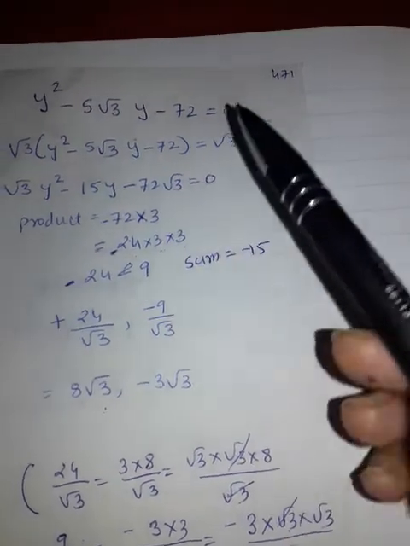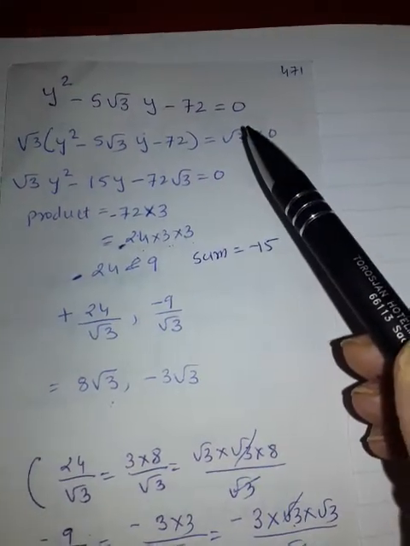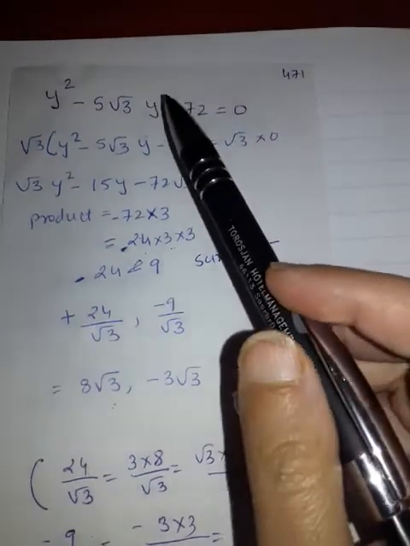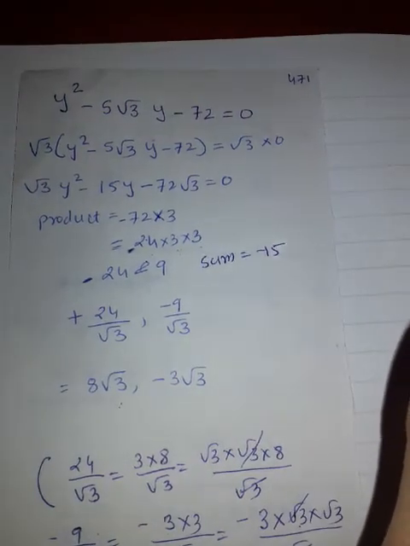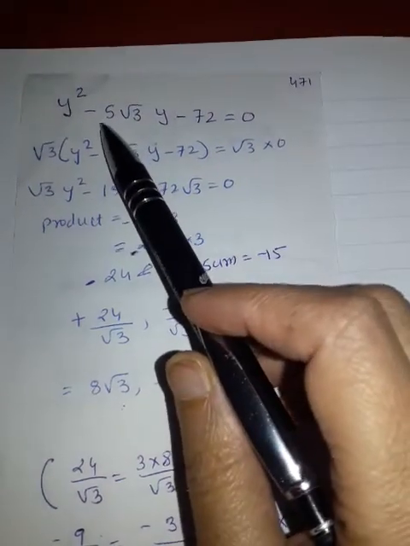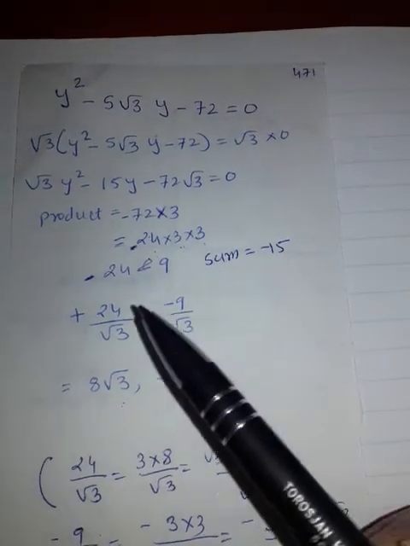Now since the last term is minus, this is the shortcut trick that we have been using in part 1 and 2. Last term is minus, so the product will be one number plus and one number minus. But the middle term is minus, so the big number will be plus and the small number will be minus.